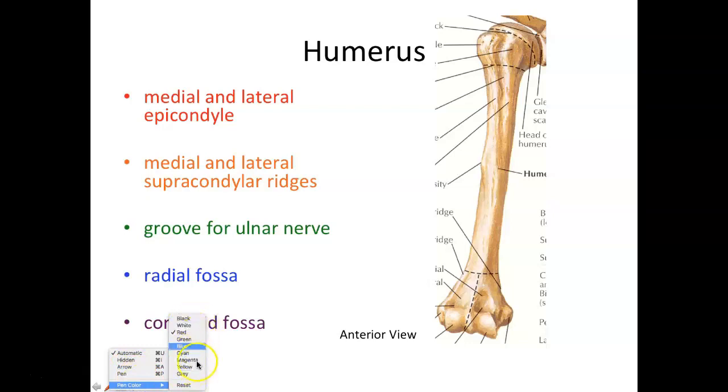Let's see, what color don't we have there? I'm going to use yellow. So you'll see these dotted lines here at the distal portion, and this is dividing out our lateral condyle. So that's all of this portion I'm kind of coloring in yellow, separating our lateral condyle from our medial condyle.